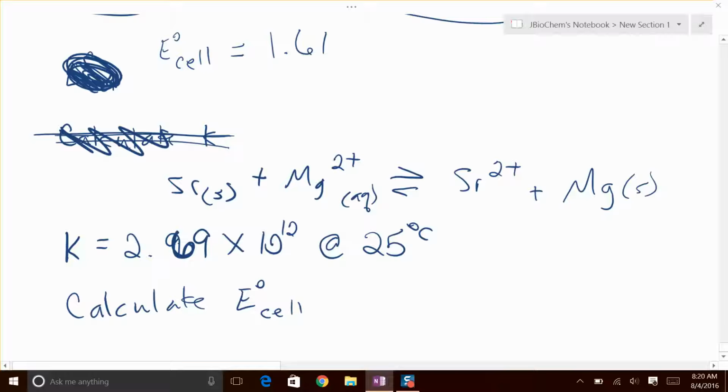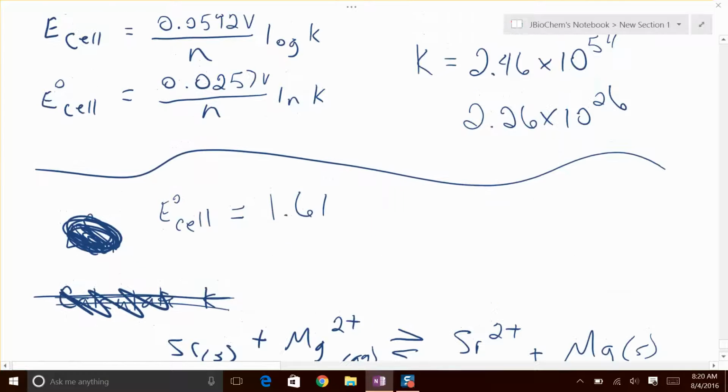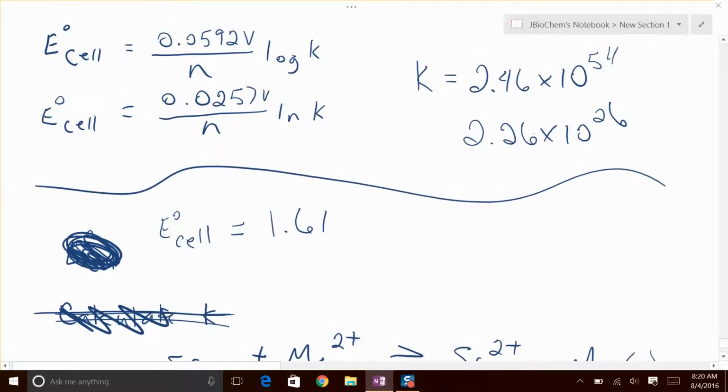N is 2 here. What was the top number again? 0.05. Oh, I'm sorry. Here we go. Those two equations are interchangeable. We can use either one. It doesn't matter. You get exactly the same answer.